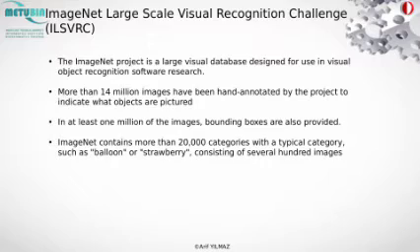In the annotations, people just indicated what objects were in the picture, and also in at least 1 million of the images, people outlined the bounding boxes of the objects.